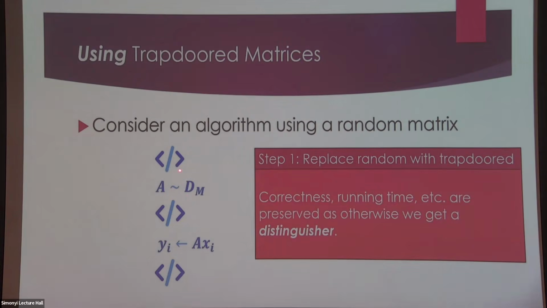Right? And so far, I couldn't have changed anything. Why couldn't I have changed anything? Because this is a polynomial time algorithm. So if either the correctness or the runtime or anything would have changed, this would have been a distinguisher.